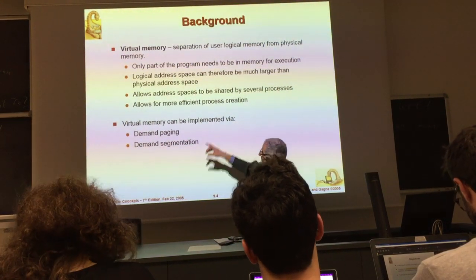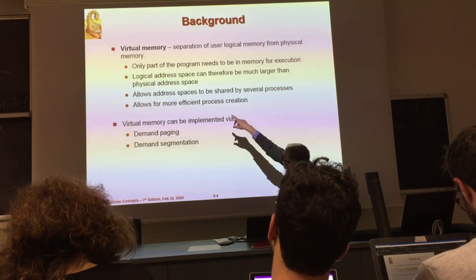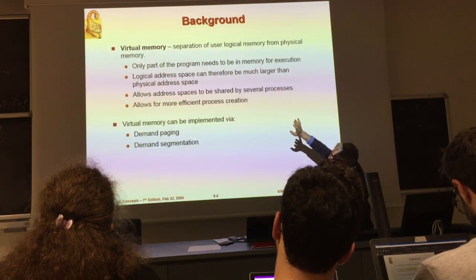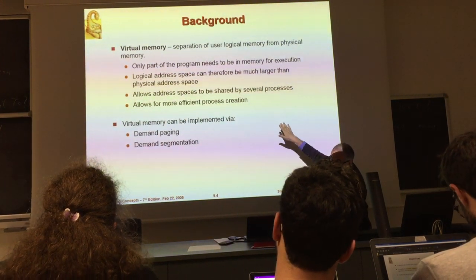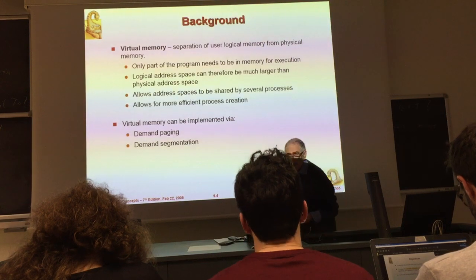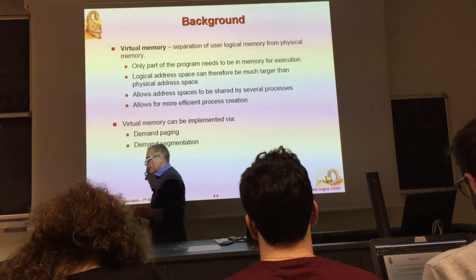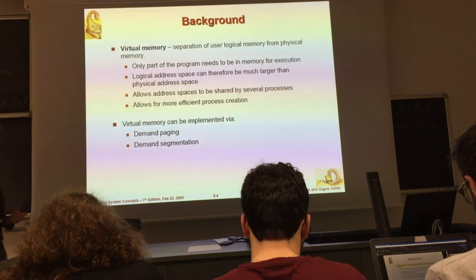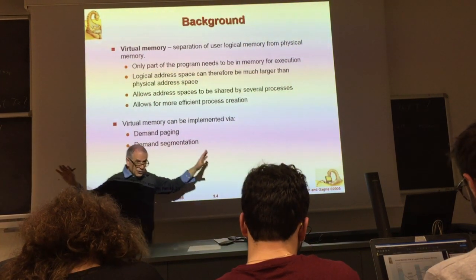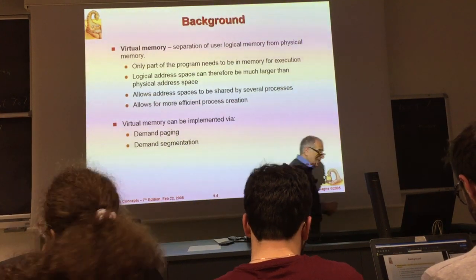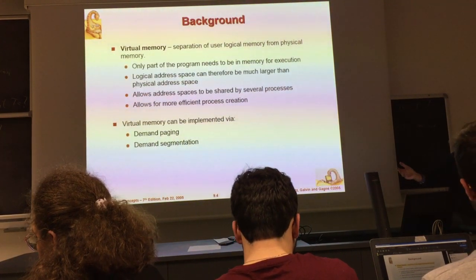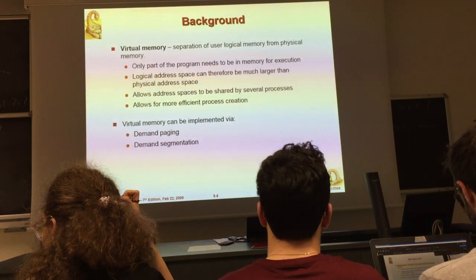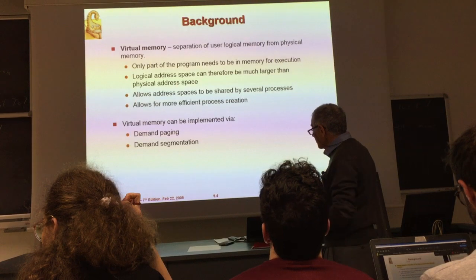Okay, virtual memory. Only part of the program needs to be in memory for execution. The logical address space in a system that implements virtual memory with paging on demand can be huge, as large as essentially the backing store, because it has to put the pages somewhere.